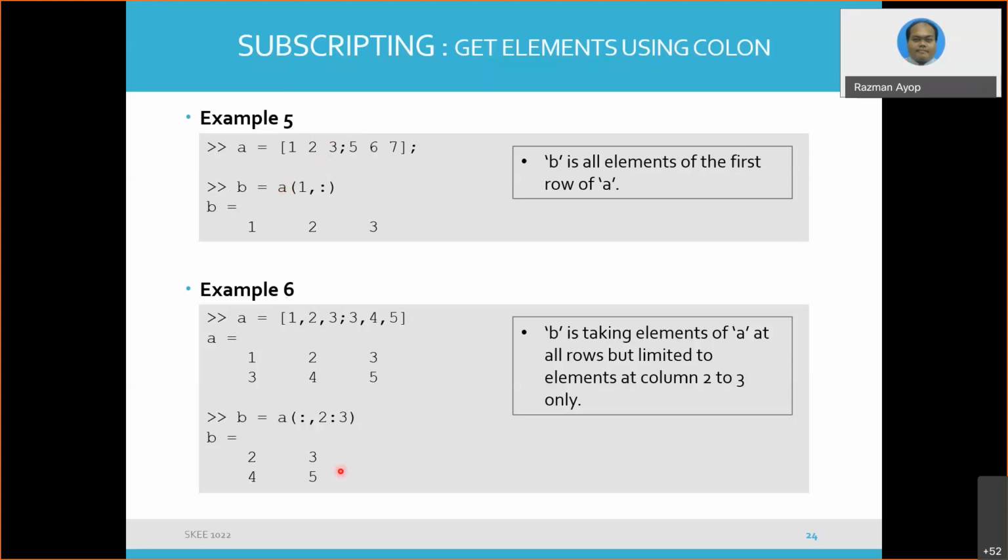Same here: you have 1, 2, 3, 4, 3, 4, 5, something like this, and you want to extract all rows, and columns 2 to 3. That means you collect this.